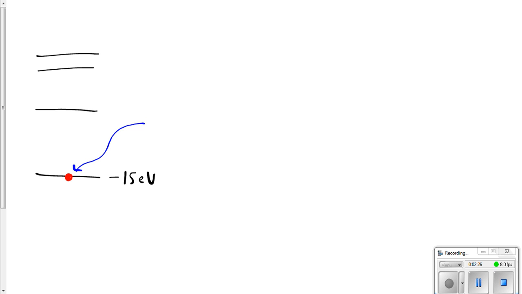Well, what's left over goes into kinetic energy. So we have an energy level diagram. We take an electron and suppose that it is at negative 15 eV, and we bombard it with a photon. Photon comes in here, and suppose that photon has 20 electron volts of energy.